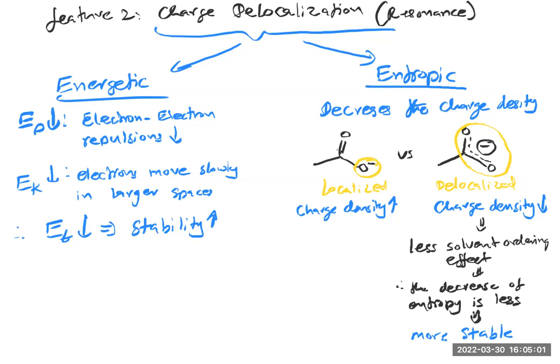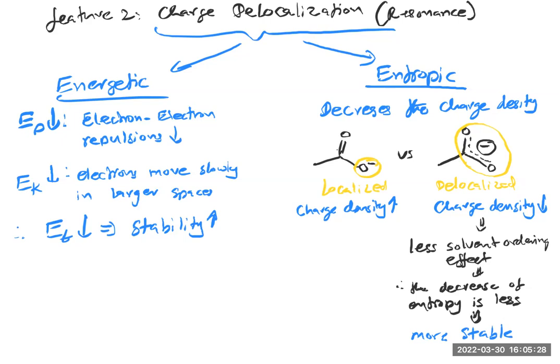So charge delocalization, feature 2, stabilizes the ion in 2 ways, energetically and entropically. Energetically, it lowers the potential energy because it decreases the electron repulsions, and also it decreases the kinetic energy because electrons move slowly. When the total energy goes down, the stability increases.